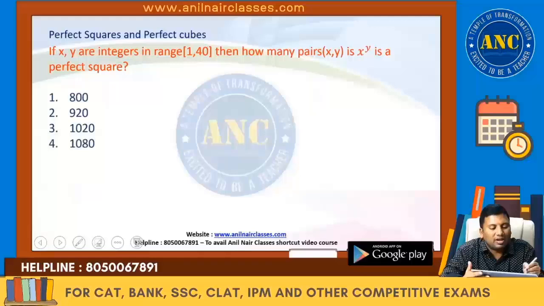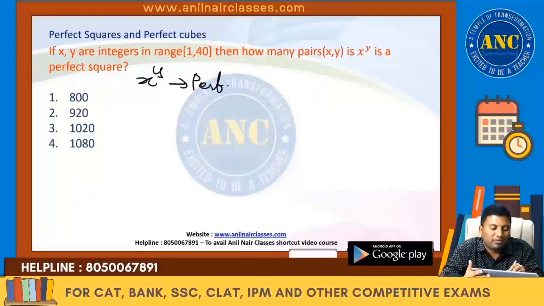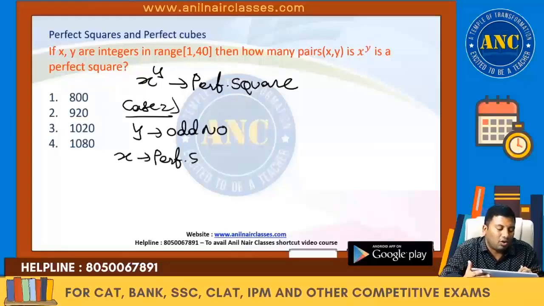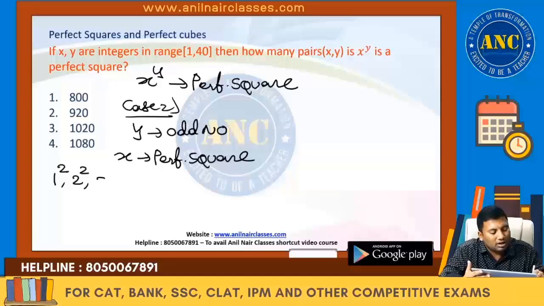This is the case where most of the students will miss it. x to the power y is a perfect square. Case 2: y can be an odd number and x can be a perfect square. All these will also give x to the power y a perfect square. So 1 square, 2 square, 3 square and so on up to 6 square.